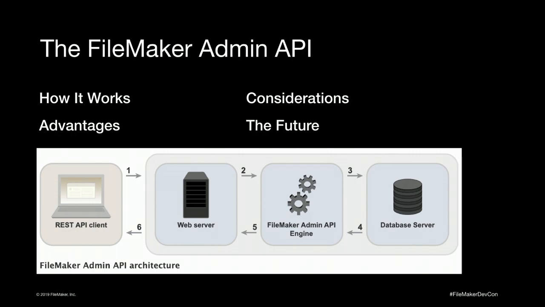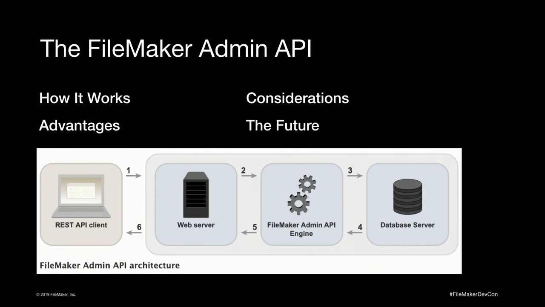Some other considerations are that the server has to be online. So if, for some reason, the admin API engine or the web server is frozen and you're not able to access the server, you will still need to have some sort of access to that. If you're on a cloud machine, maybe you have to go into the AWS console at that point and restart your instance.